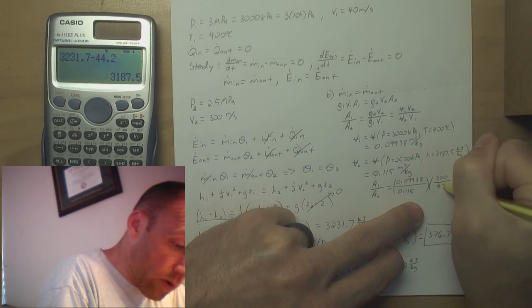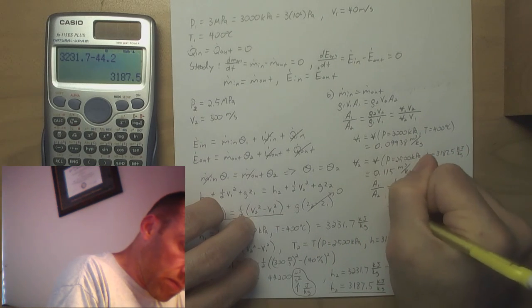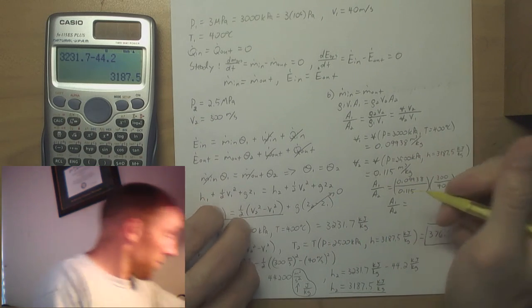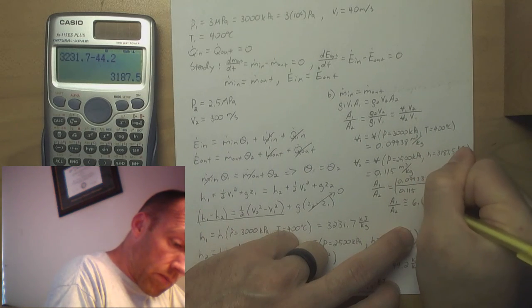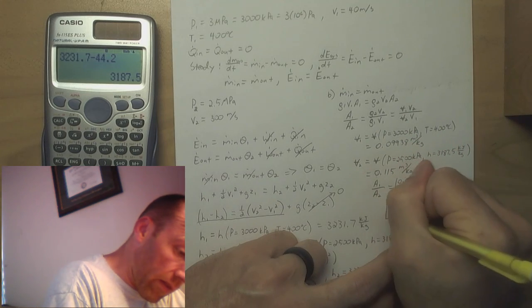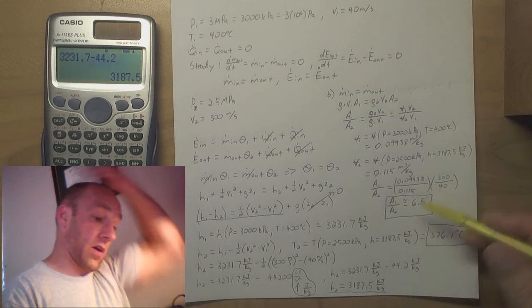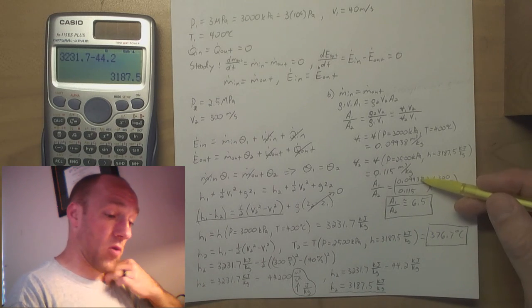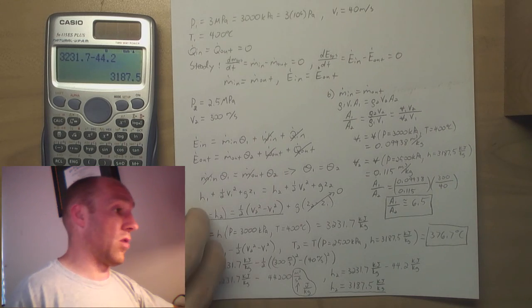Velocity at state 1, or at the entrance, is 40. And this is going to be unitless, right? The units cancel here. I got the same units on top as I have on the bottom, and so they cancel, and I have a unitless ratio.